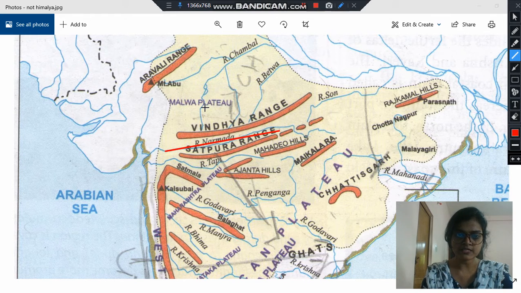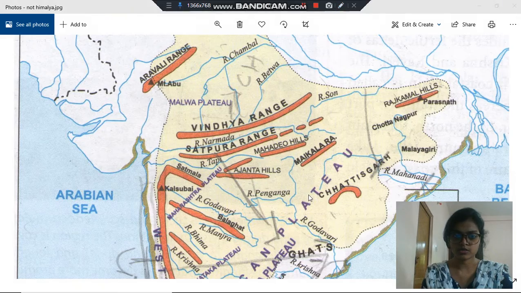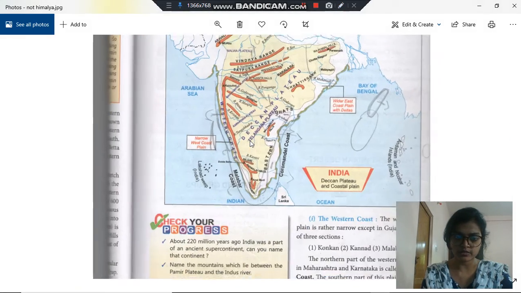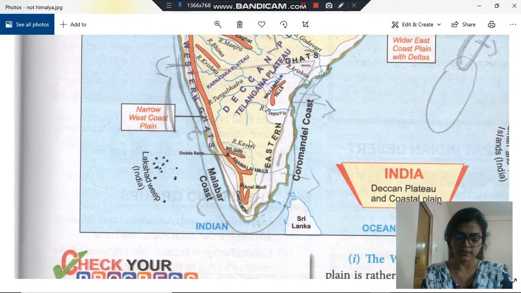The first part is Central Highland, and the second part is Deccan Plateau. You see Deccan Plateau is written here. So if we zoom it in here, this is Deccan Plateau.